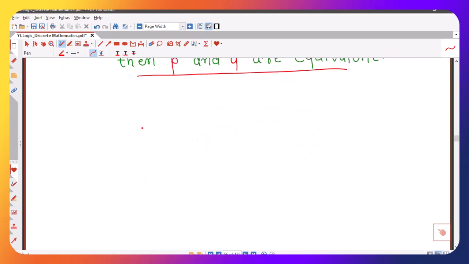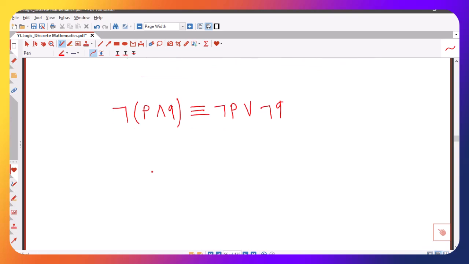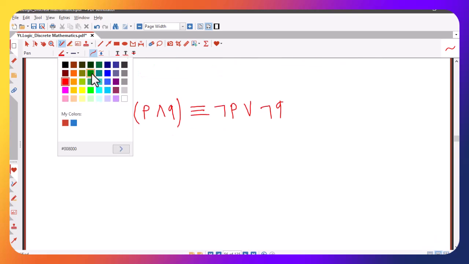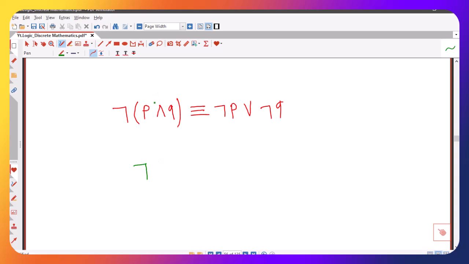This means what we proved just now, we proved that negation of P and Q is logically equivalent to negation P or negation Q. And this remark says that if these two are logically equivalent, then if we consider the biconditional statement, that is negation P and Q, if and only if negation P or negation Q, then this biconditional statement is a tautology.